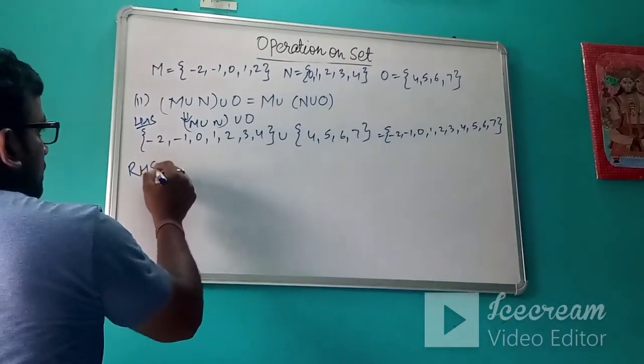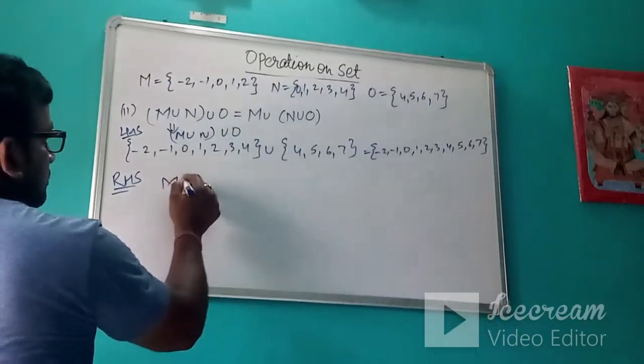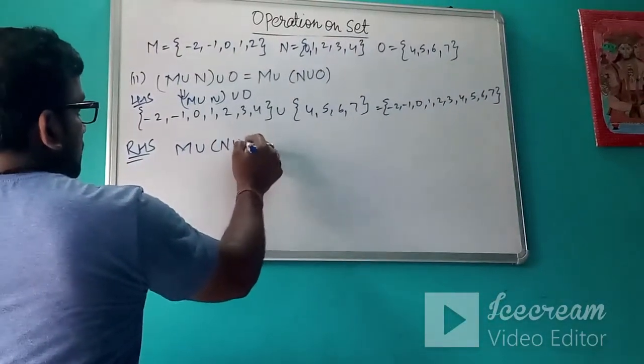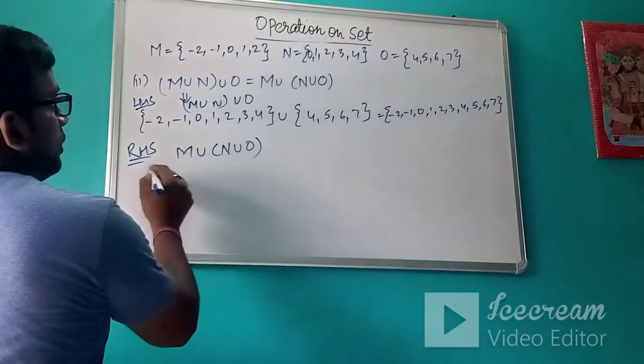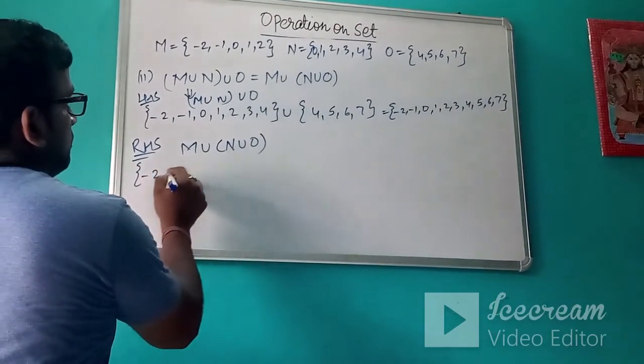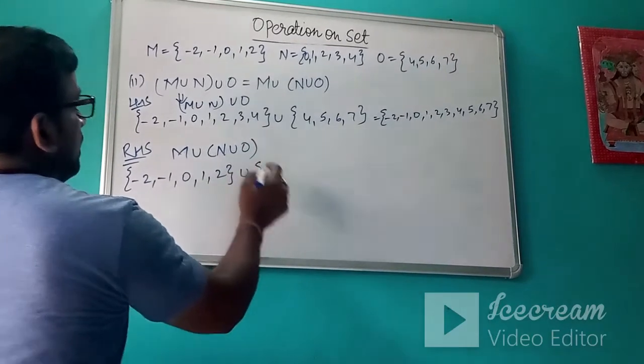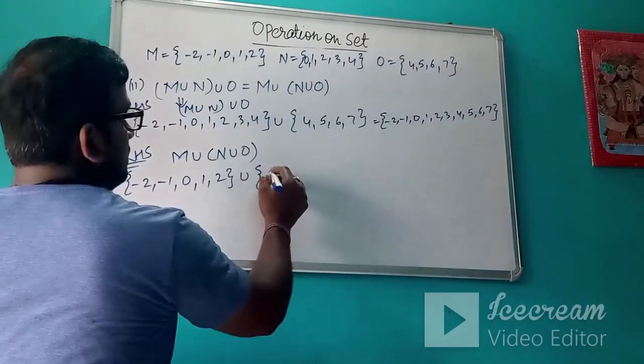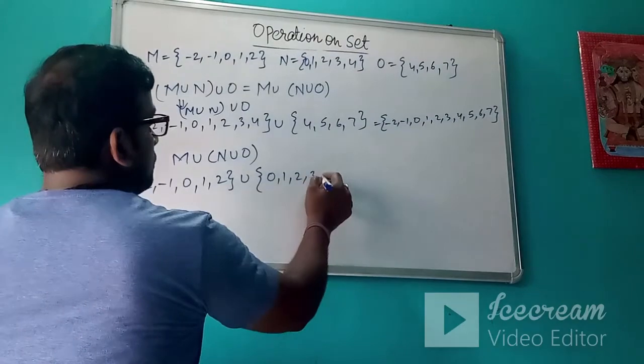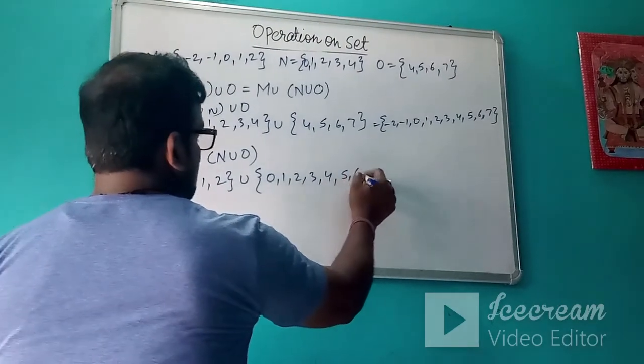Now we will calculate the RHS, that is M union N union O. So what is M? -2, -1, 0, 1, 2. Union N union O, that is 0, 1, 2, 3, 4, 5, 6, 7.